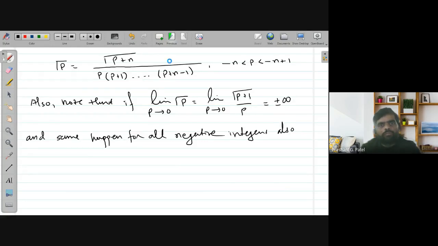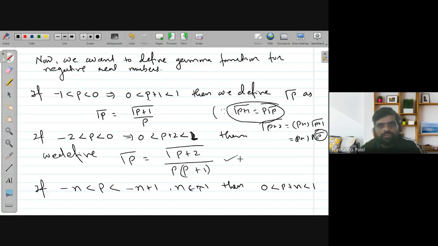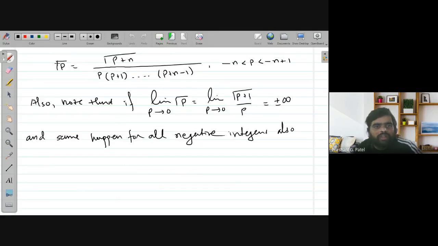In general, for any value between minus n to n plus 1, in any interval, if I take the limit here, this quantity will be 0, and the limit of this quantity will be infinite. So that's why for any integer we have this.